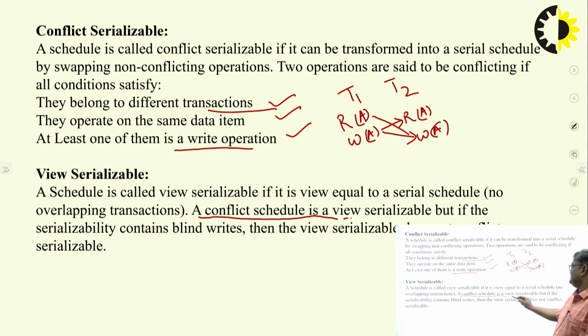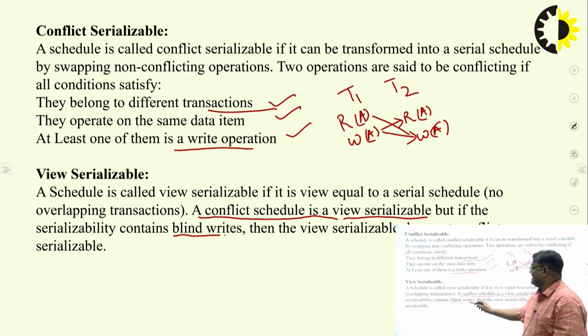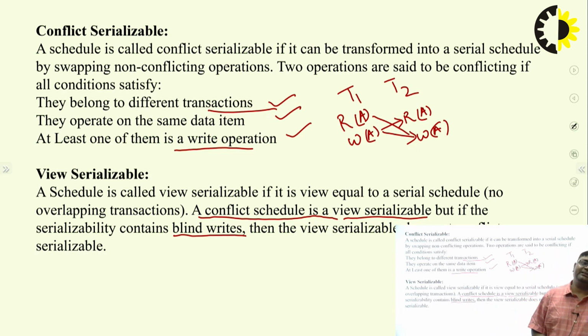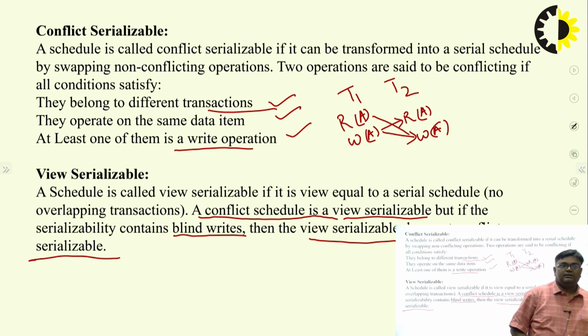But if the schedule contains blind writes, then the view serializable schedule does not have to be conflict serializable.